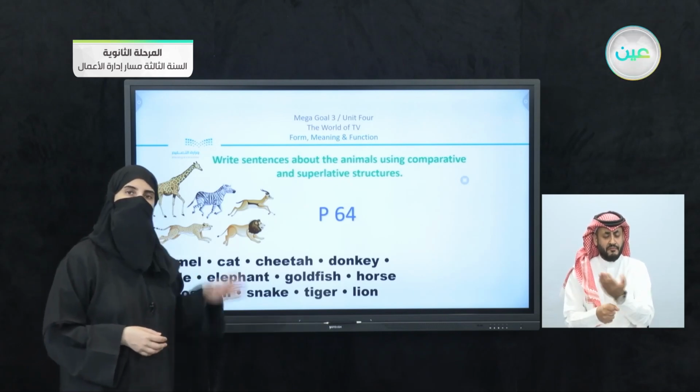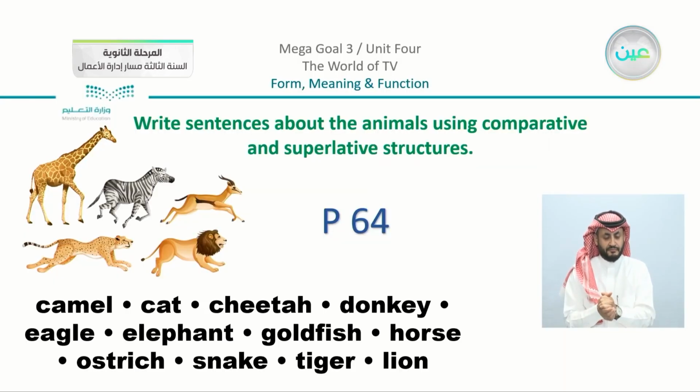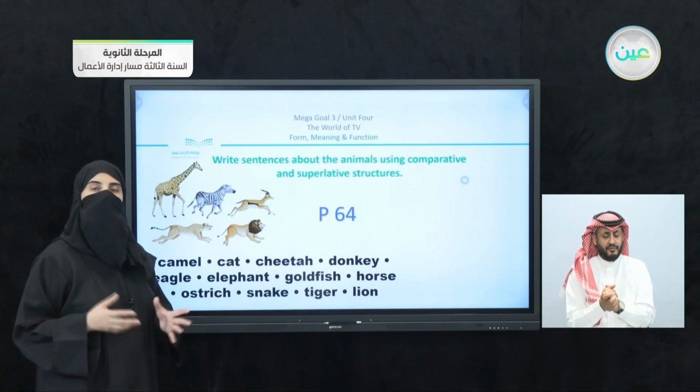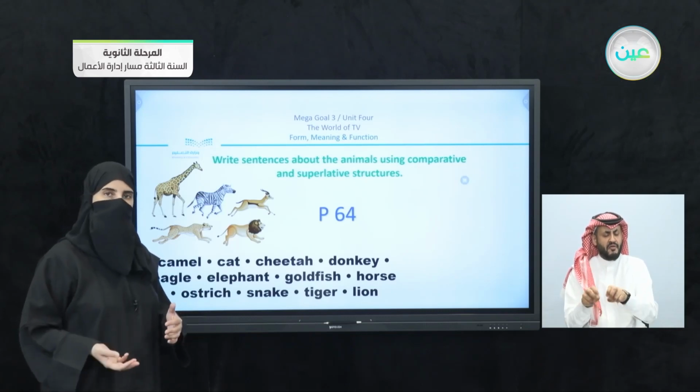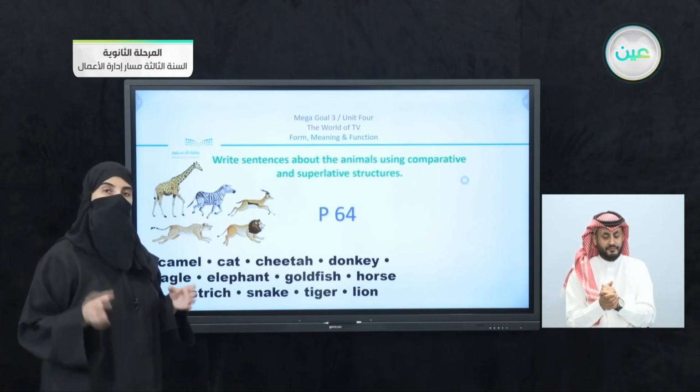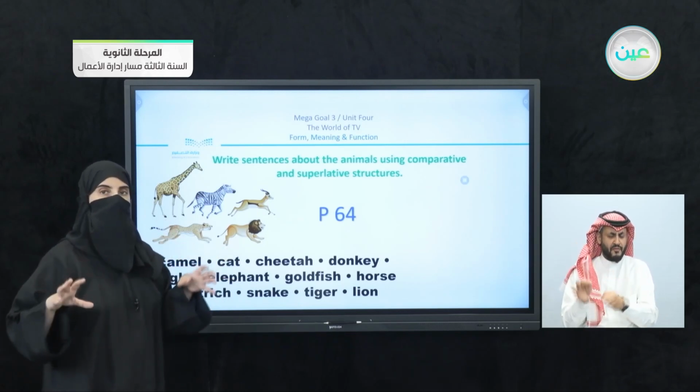You can see that we have the instructions. We have here: write sentences about the animals using comparative and superlative structures. Now, this takes us back to our first unit, Unit 1, when we talked about fearsome animals and we have predators. If you remember that we talked about symbiotic teams, and there were animal teams actually.